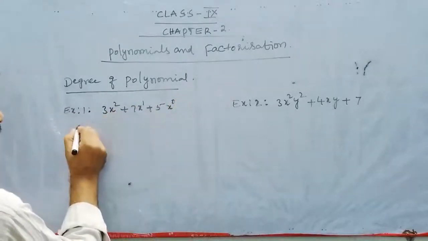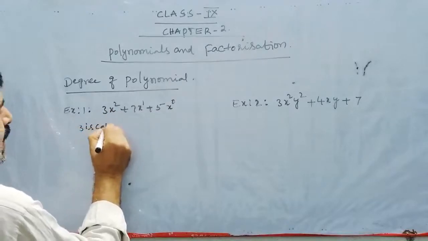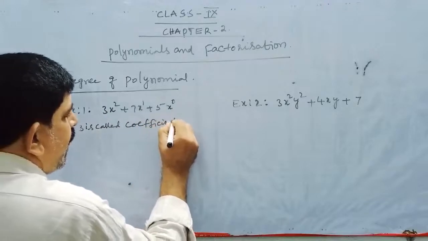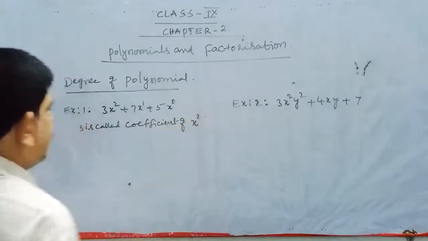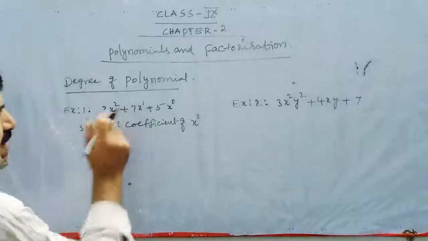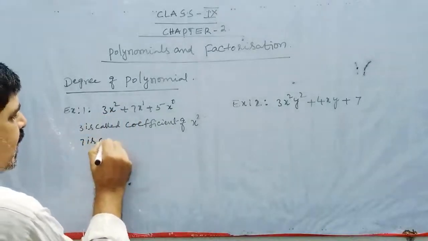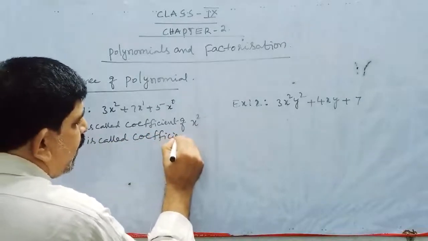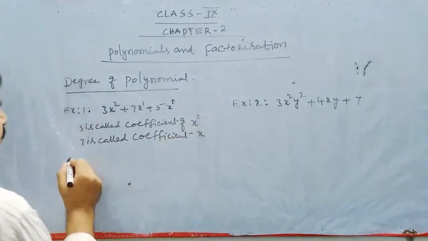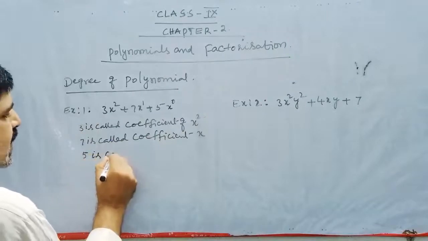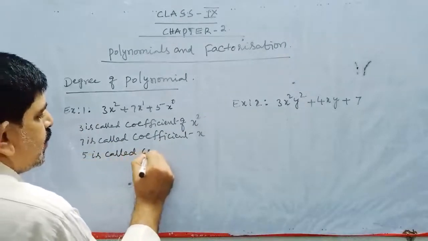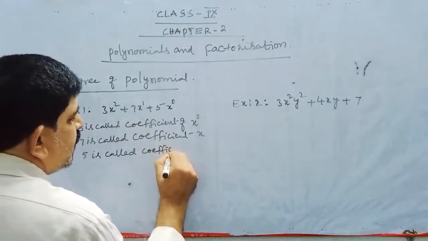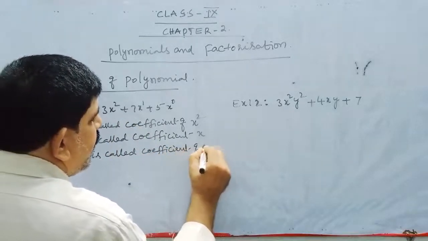And 3 is called the coefficient of x square. Okay, 3 is called the coefficient of x square and 7 is called the coefficient of x and 5 is called the coefficient of x to the power of 0.